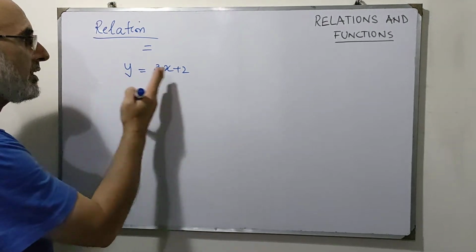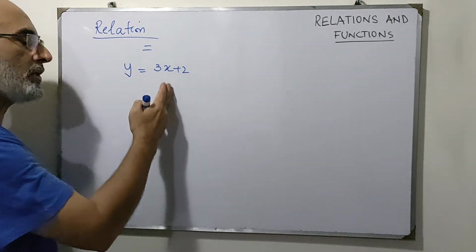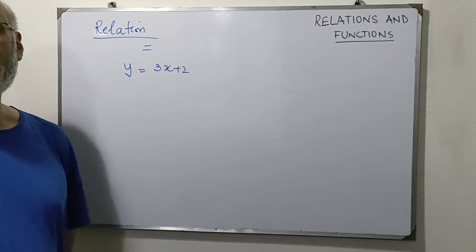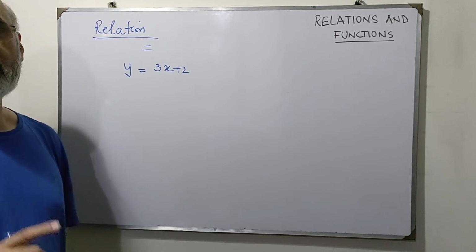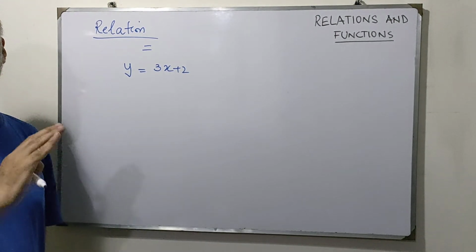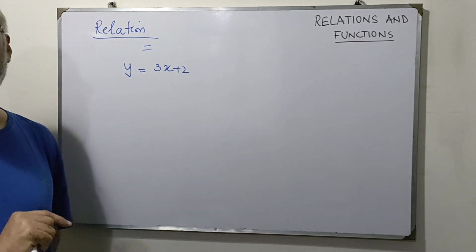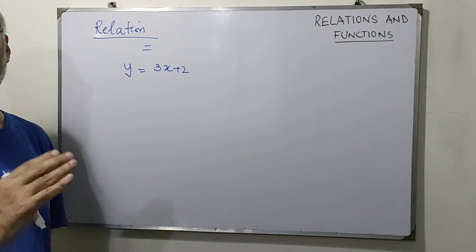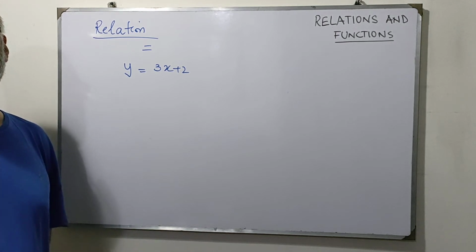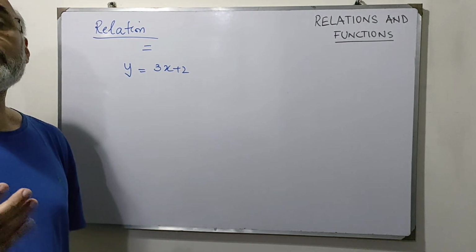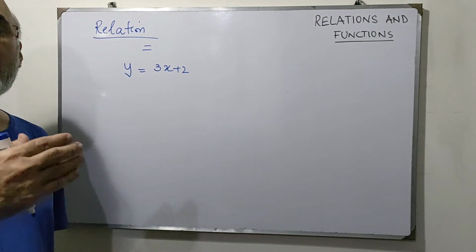This left hand side is related to this. So whatever is happening on the right hand side is going to affect the left hand side as well. Okay, and when we were making graphs for these linear equations, we used to make the table, and that table was also a way to show the relation between the x values and the y values.